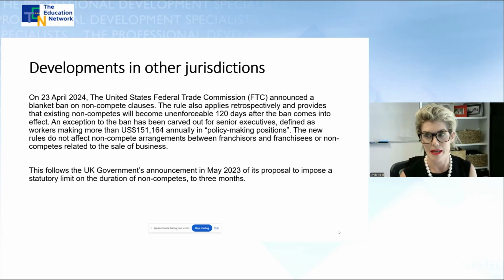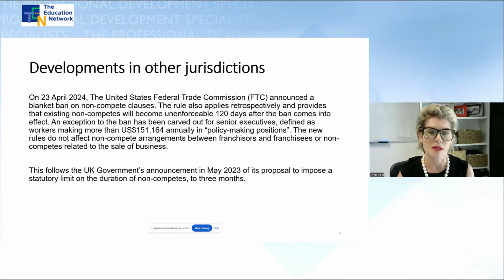Now, there are exceptions to the ban. If we're talking about senior executives, those are defined as people who are making more than $151,164 a year in what's referred to as policy-making positions.